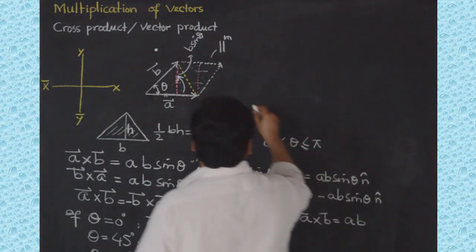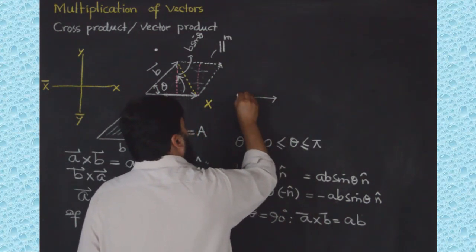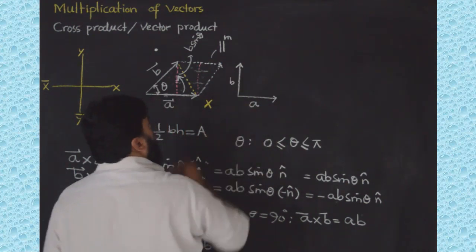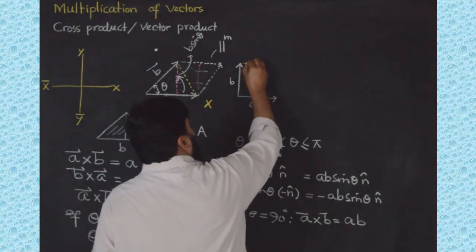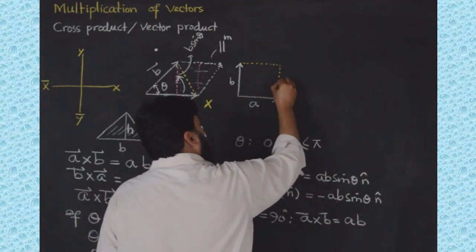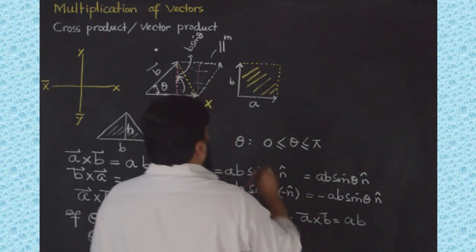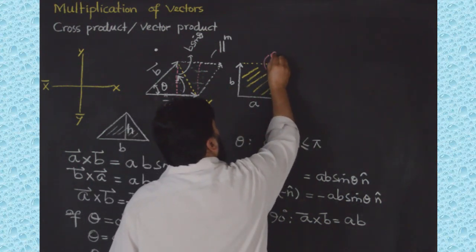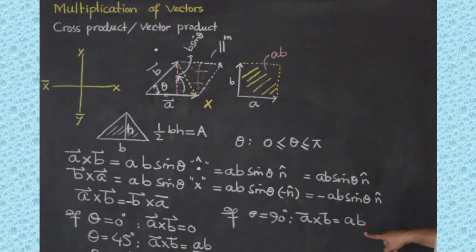Like if I have this vector like this and this vector like this, this is A and this is B. Now it will make the shape like this, meaning this much area will be swept, and I know that it's like a square, where one side is A and the other side is B, so the area comes out to be AB, and we are having the area equal to AB.